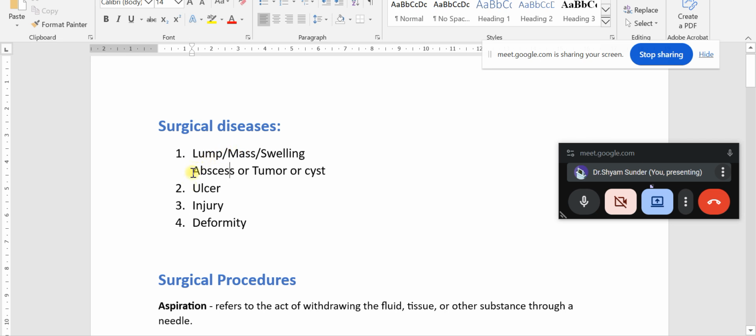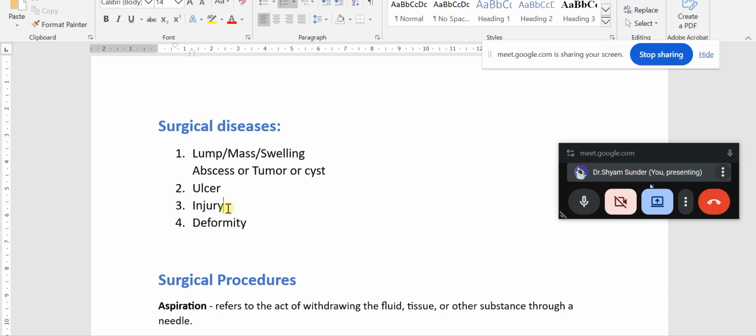Now, the second category of surgical diseases is ulcers. Some patients have wounds, chronic wounds or ulcers on the body. They have to be treated with some minor or major surgeries like skin grafts, repairs, debridement. Those are the surgical procedures. Injuries can be fractures, dislocations, or lacerations.